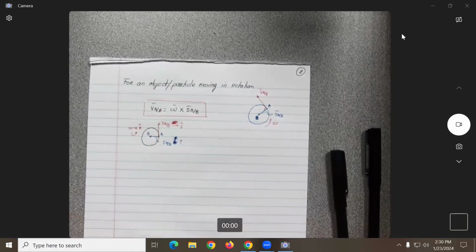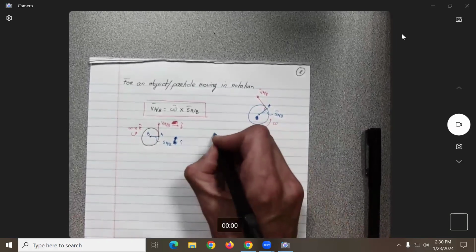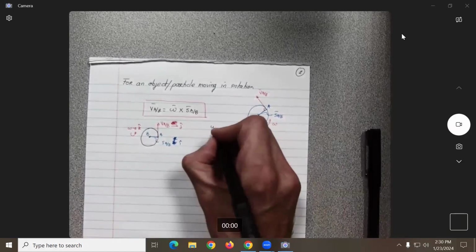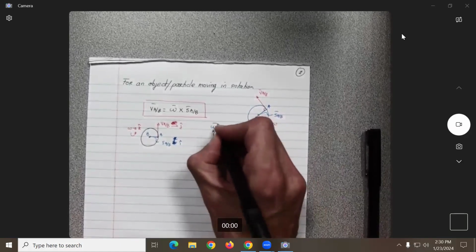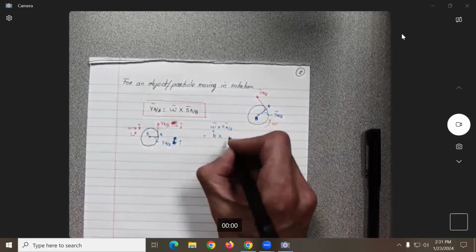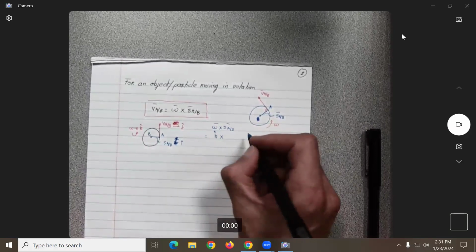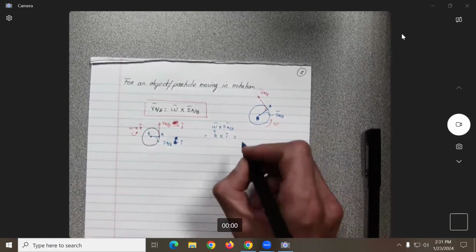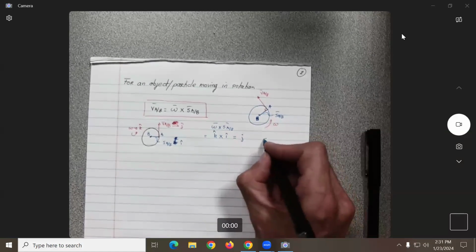Okay. So let's say that makes sense. So if we do omega cross S of A with respect to B, this will give you what? K cross I, and this is equal to J. If you remember, the little circle.